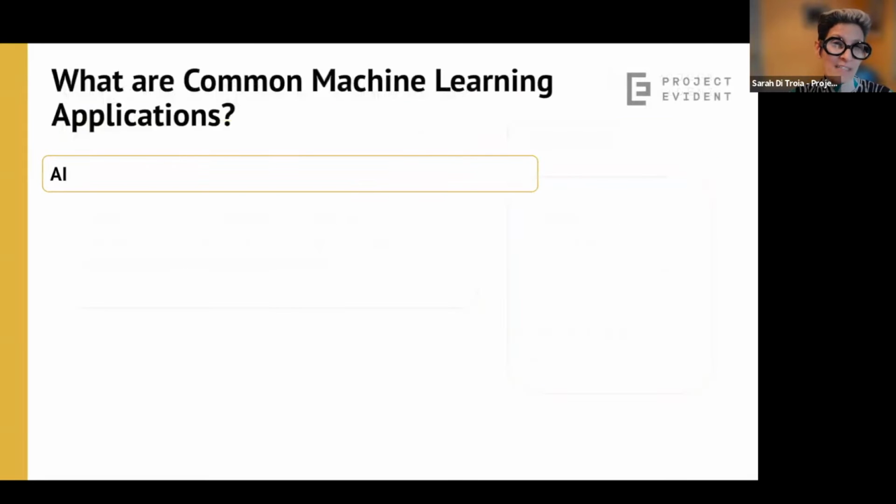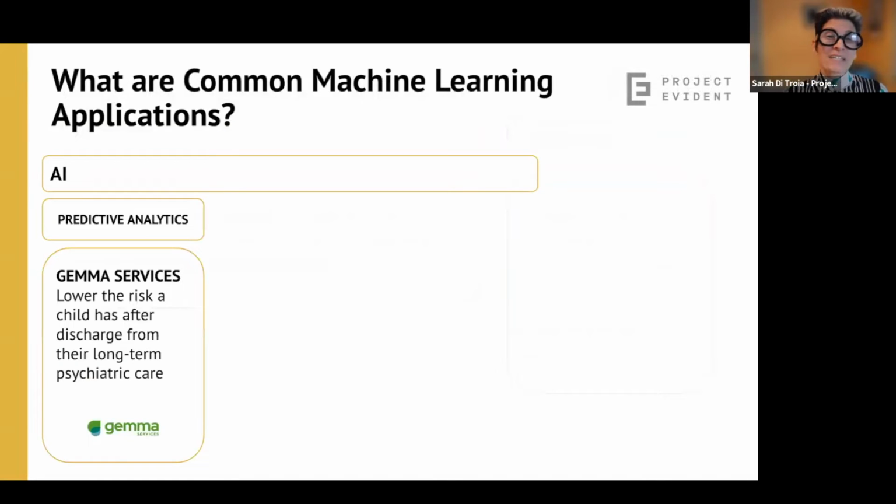So I want to talk about some common machine learning applications and then give you one example from the generative AI space. So, predictive analytics. This is something that most consumer-based companies are using. Famously, Target used predictive analytics to get a sense of if they could understand which of their customers were likely to be pregnant before they were buying diapers.